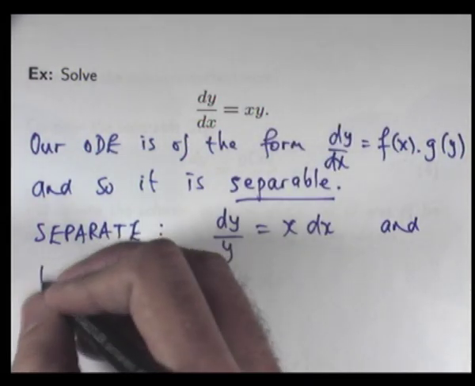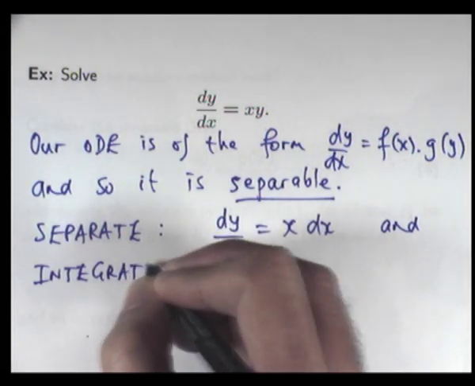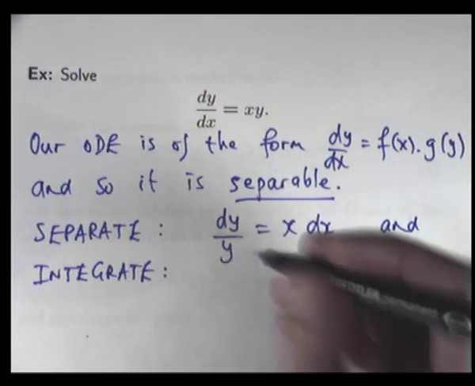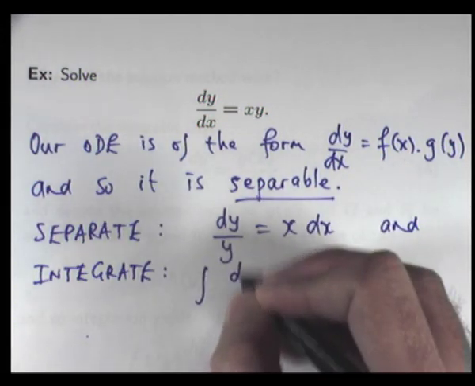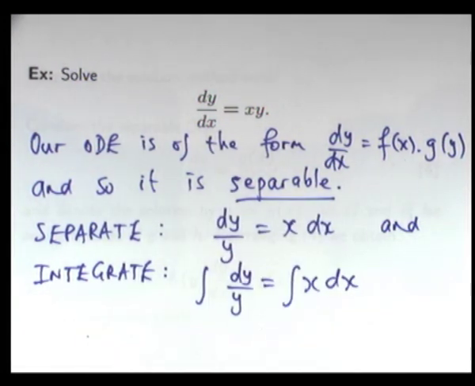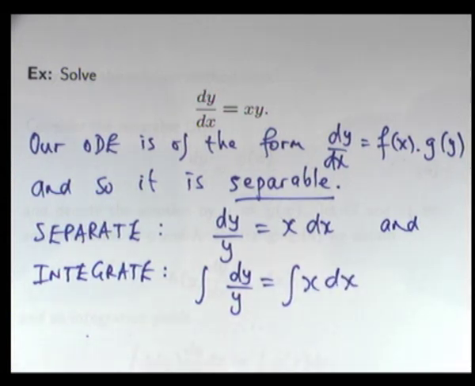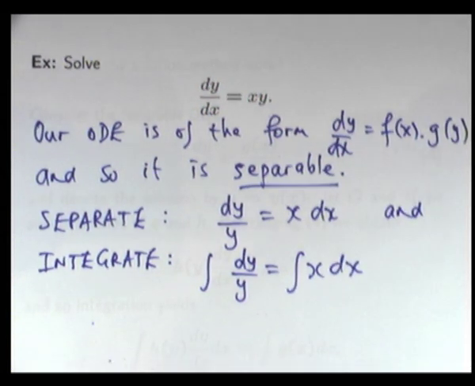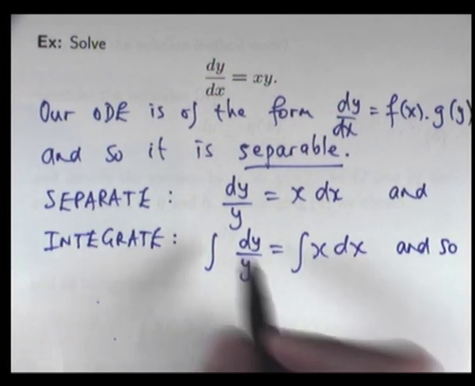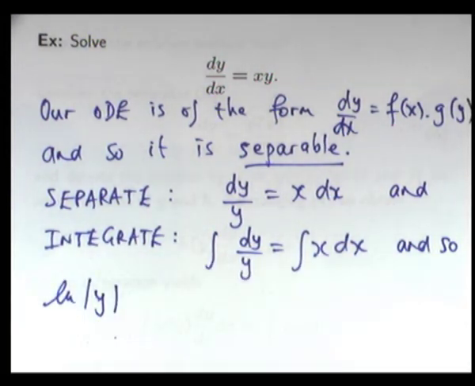The next step is to integrate both sides. Okay, so I integrate here, integrate here. Now on the left-hand side, I'm integrating with respect to y. On the right-hand side, I'm integrating with respect to x. And so the left-hand side is going to give us log |y|.